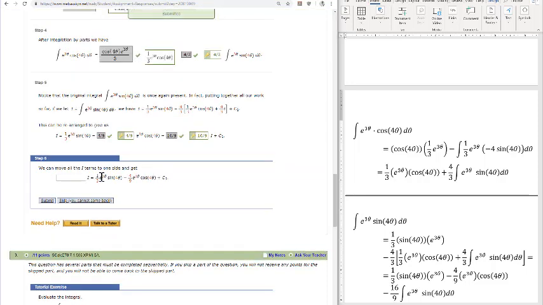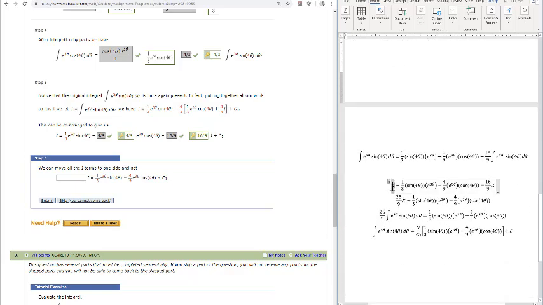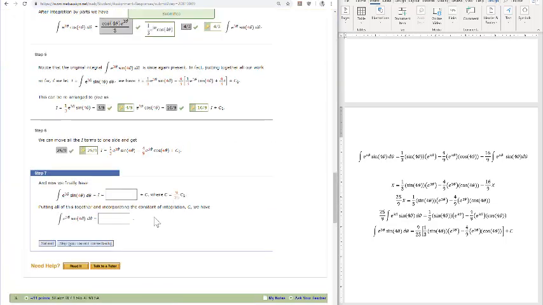Now we're going to solve for that integral, bringing the integral to the other side. They had I, we used x. We bring the integral over to the other side and get 25/9 times that big mess. If we divide that through, the integral is going to equal 9/25 times that big mess.